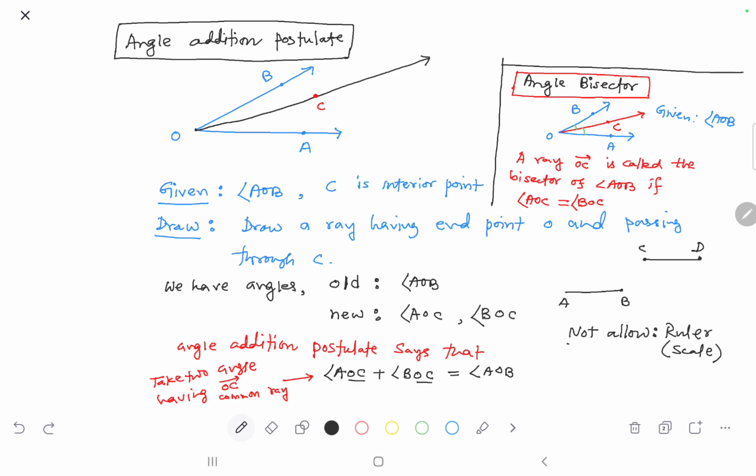Without using a ruler or scale, can you check whether these two line segments are equal or not? Which one is bigger than the other? Can you do it physically? Is it possible? Any idea?